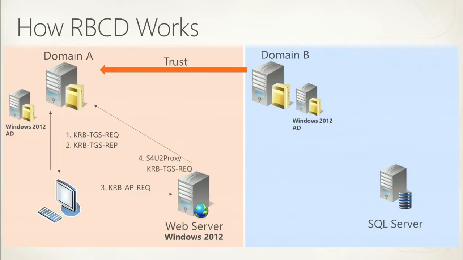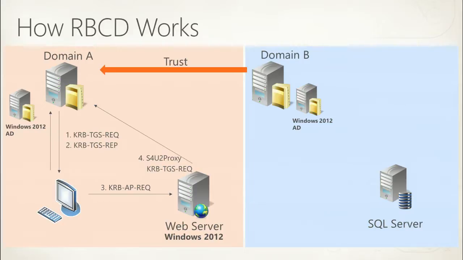The web server then is going to go, oh, okay, you're actually trying to connect to that SQL server in domain B. So the service principal name for that server is going to be associated to some account in that domain. I'm going to try to make a request for that. In this case, I'm going to do a service-for-user proxy request, asking for the service ticket.